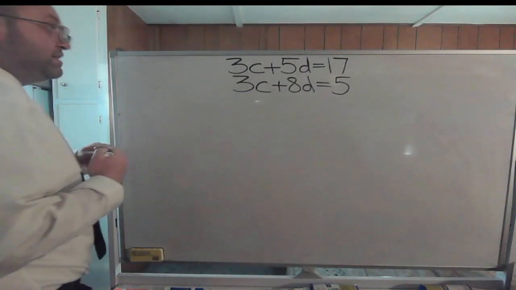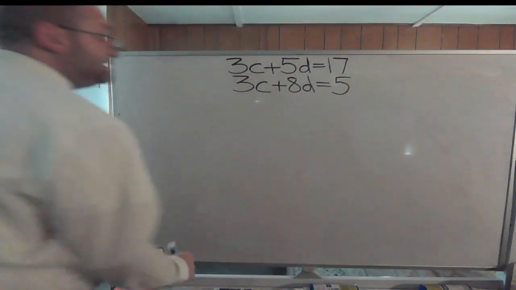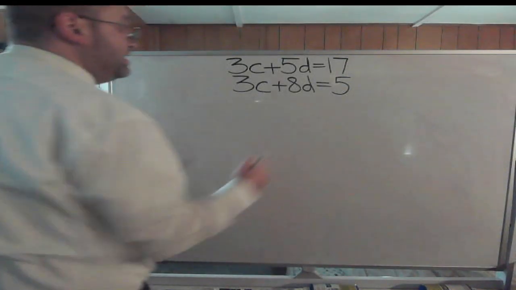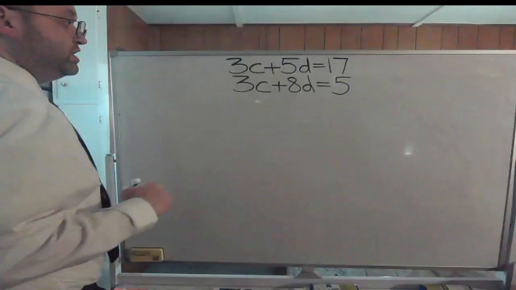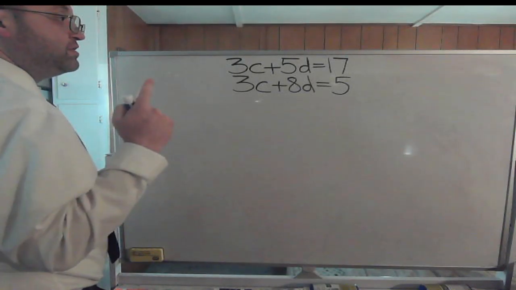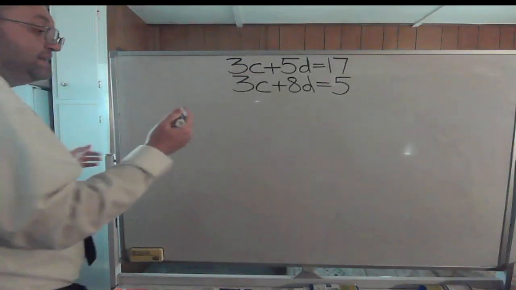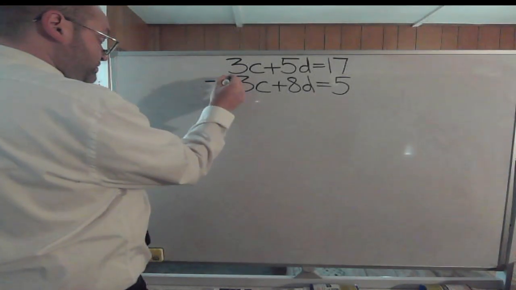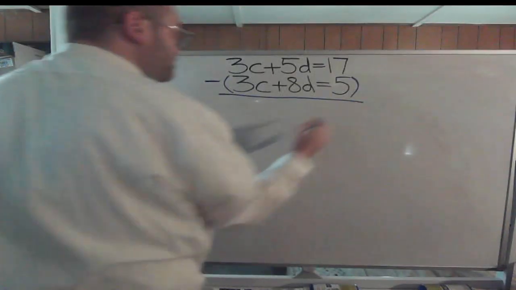So here we're given 3c plus 5d equals 17, and then 3c plus 8d equals 5. Well, immediately the c coefficients in both equations should jump out at us. We have positive 3's on both. But we can subtract the second equation from the first, because after all, this is the addition or subtraction method.